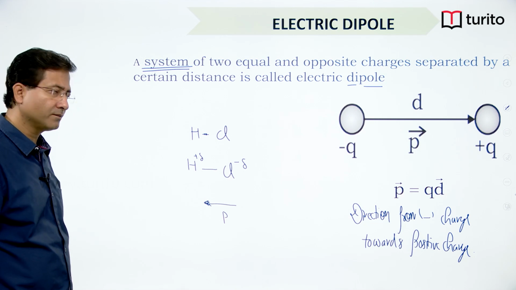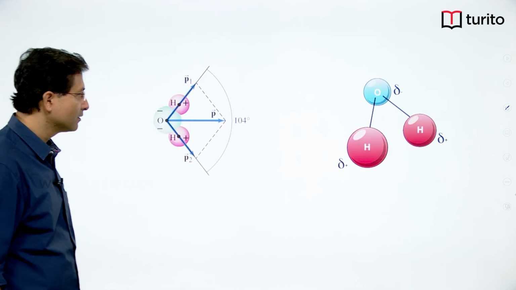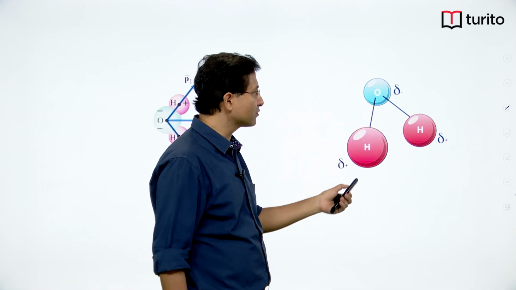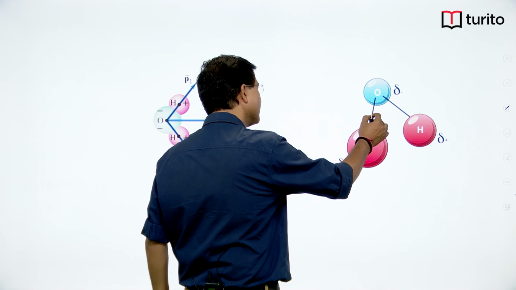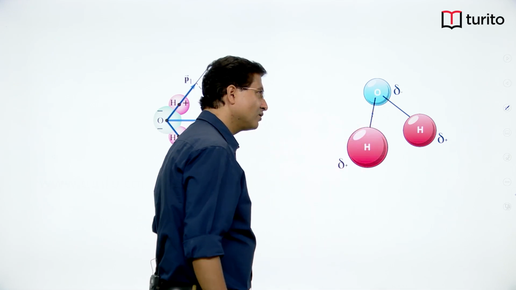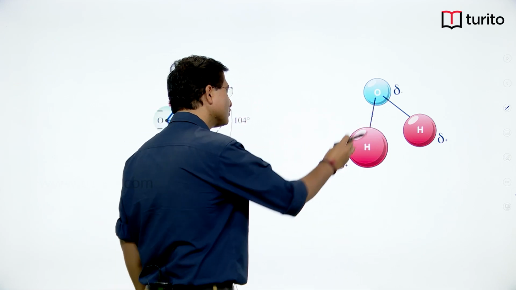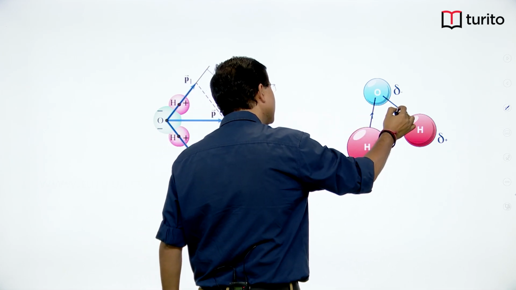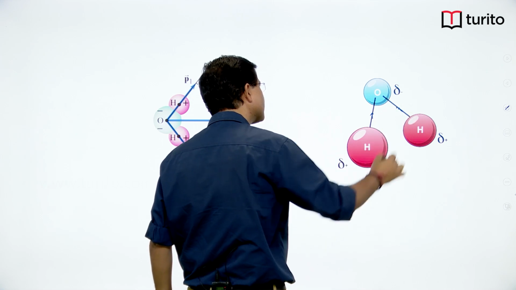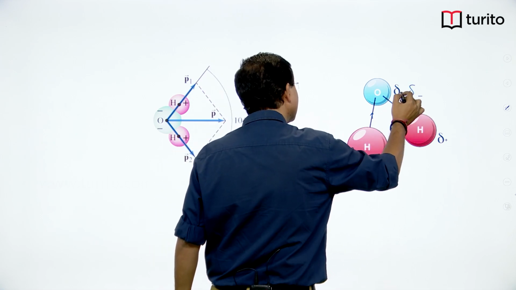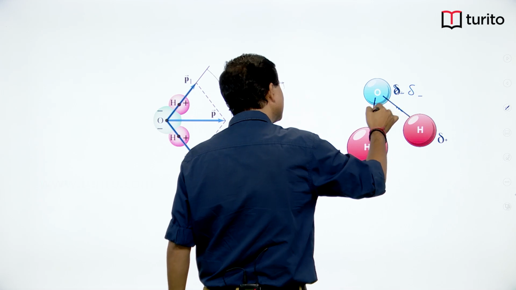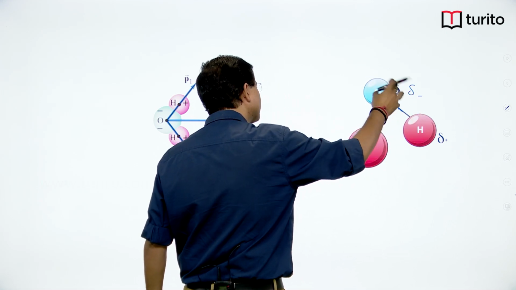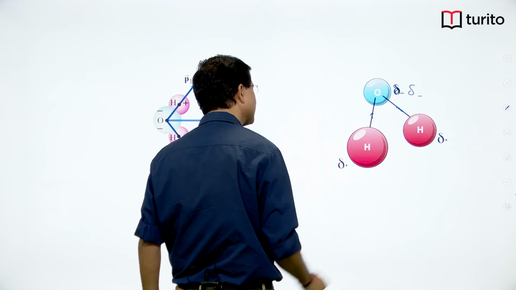Similarly, let us see the water molecule. The electron affinity of oxygen is more as compared to hydrogen. So, these electrons will get shifted towards oxygen, and similarly these electrons will get shifted towards oxygen. Because of this shifting you get a slightly negative charge here, and again a slightly negative charge here.